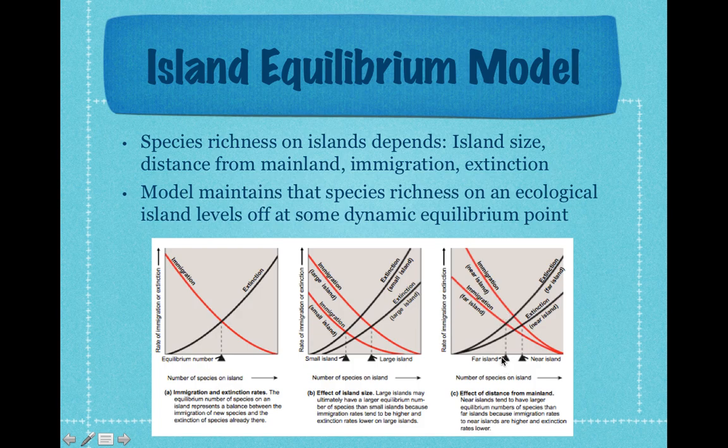It's going to take more energy for an organism to get there versus an island that's closer. With closer islands, more immigration is going to happen, and so that extinction curve is going to be lower as well. That's all this is getting at: there are dynamic points for all of those factors that determine the amount of diversity you can see on a given island rather than on a mainland.